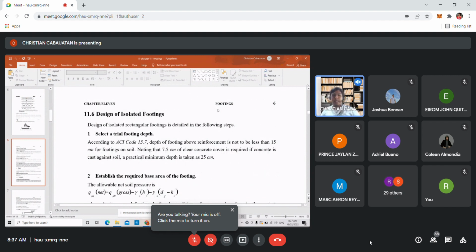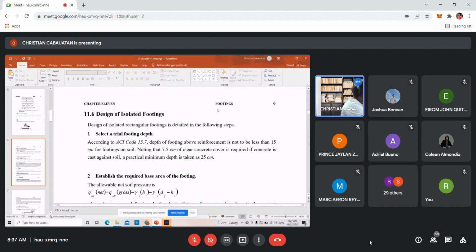So, for designing of isolated footing, it is detailed in the following steps. Kapag magde-design ka ng footing, may kailangan kang steps na sundan or kailangan mong i-consider.